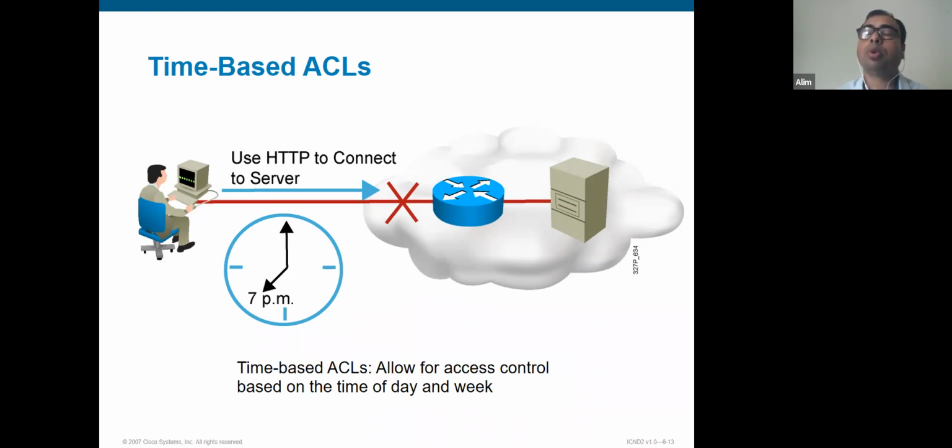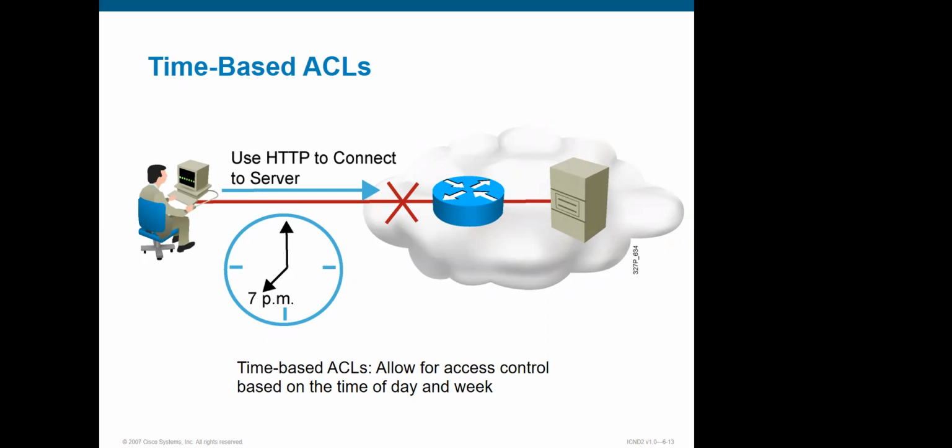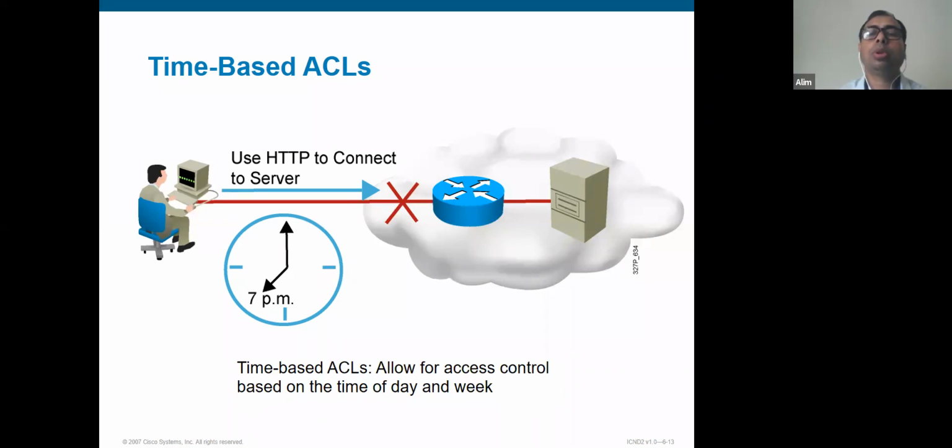So after 4 p.m., you will just block all the computers of those tellers' desks to the server, so that no one can give input to the server. So it will be safer for the system. It is very important for a sensitive system or organization. So time-based ACL can be used also.